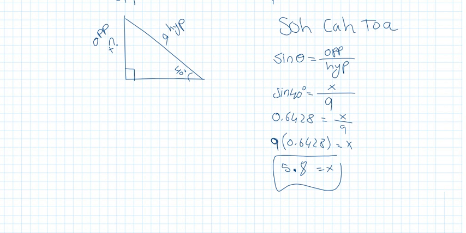Is that clear? Filled it out, solved. You're always going to have 2 knowns and 1 unknown. So you see that I have 2 knowns, the 40 and the 9, and I only have 1 unknown. Do you want another example? Let's look at one more.